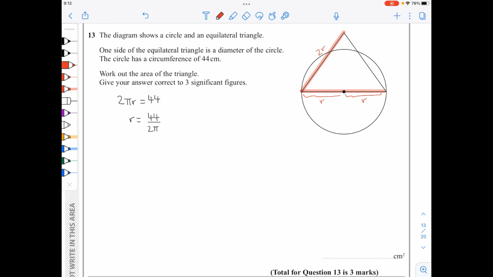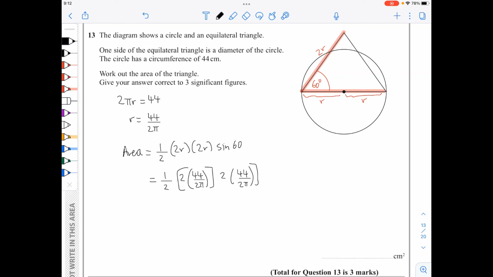We also know that the angle here should be 60 degrees, this being an equilateral triangle, and the area is a half AB sine C, so a half times 2r times 2r times sine of 60, and in the place of r I will be putting 44 over 2 pi, so it's a half, 2 times 44 over 2 pi times 2 times 44 over 2 pi times sine of 60.